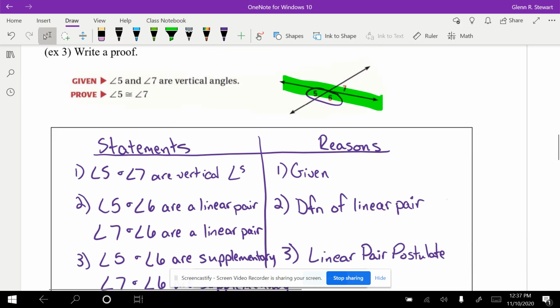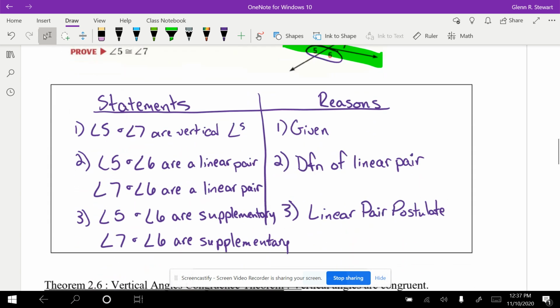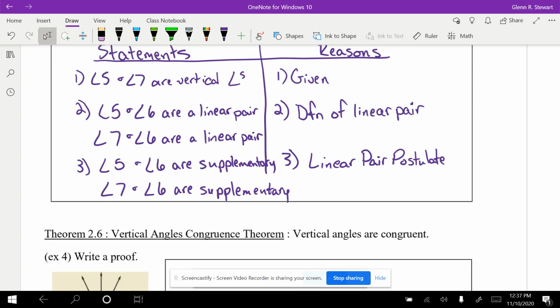This is saying that if two angles form a linear pair, then they are supplementary angles. Now, step 4 is going to be our congruent supplements theorem that I believe we talked about in 2.6.